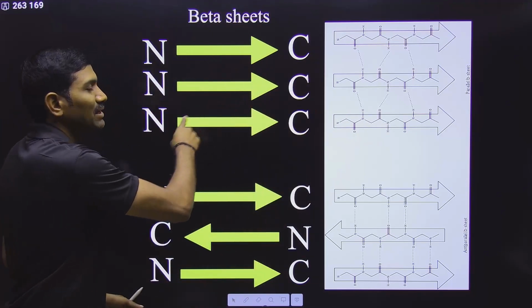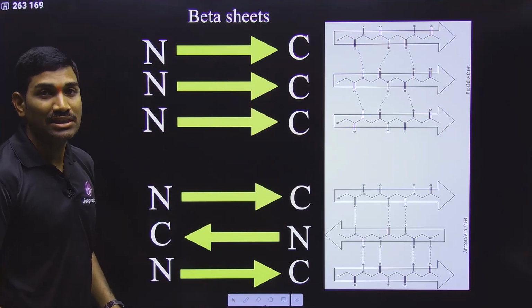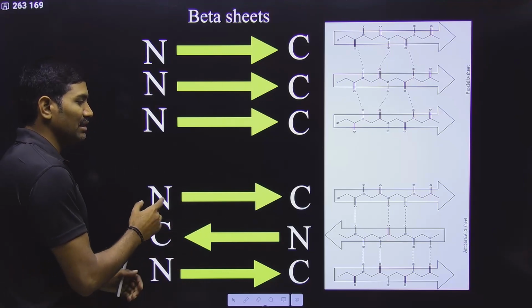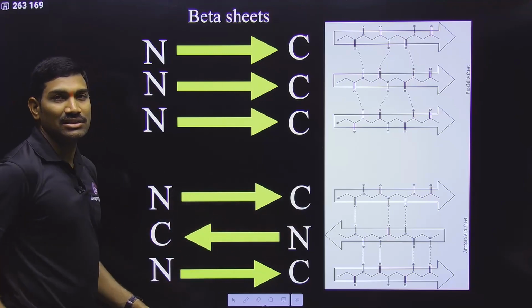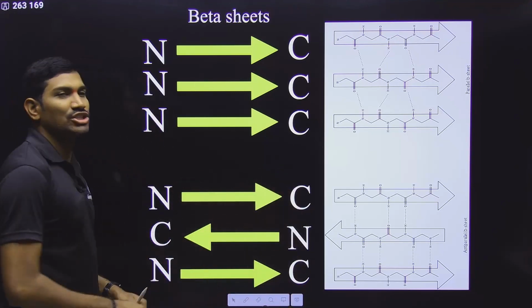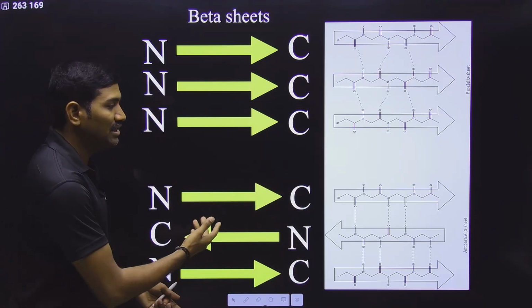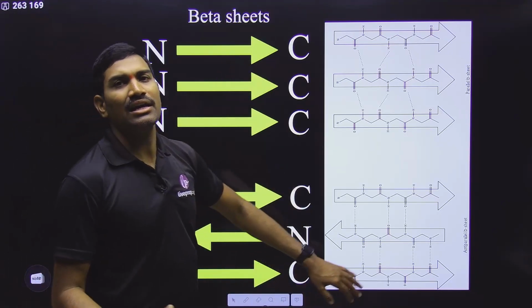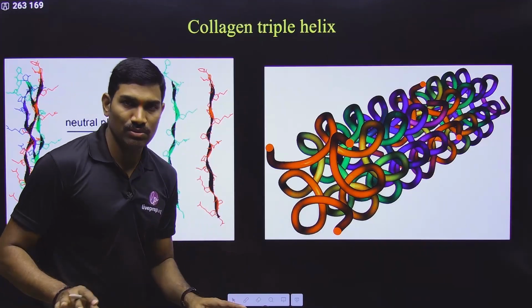This type of beta pleated sheet is called a parallel beta sheet. But in some cases, they are present in opposite directions, and this particular portion is called an anti-parallel beta sheet. So in this way, different types of secondary structures are possible.